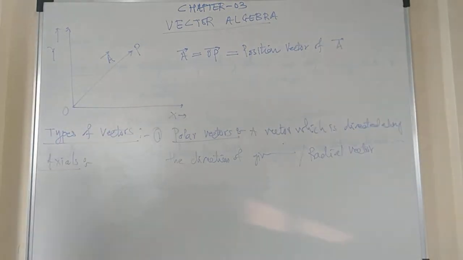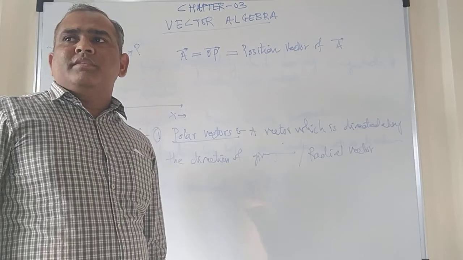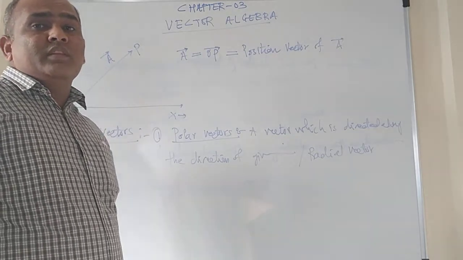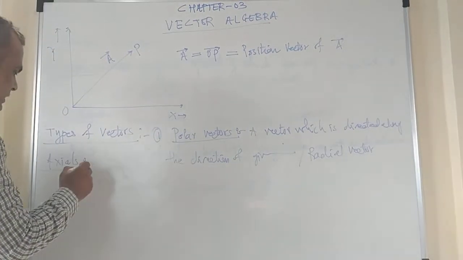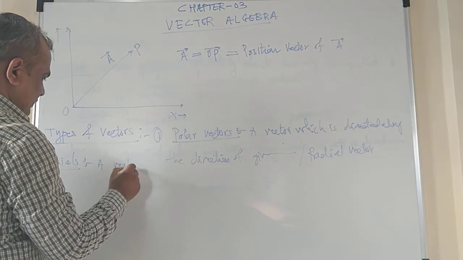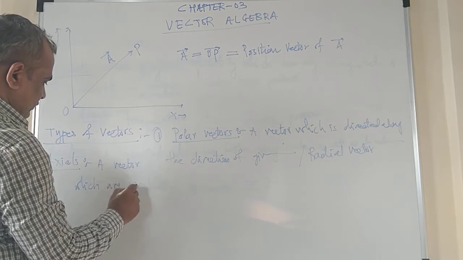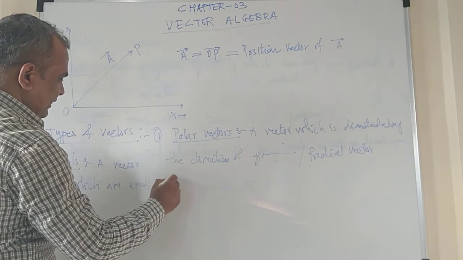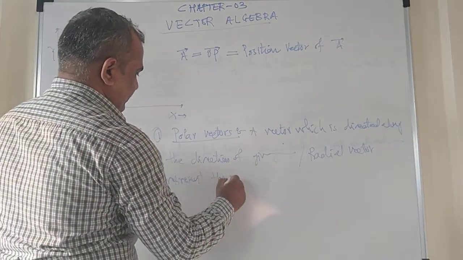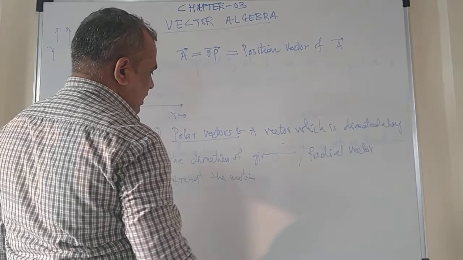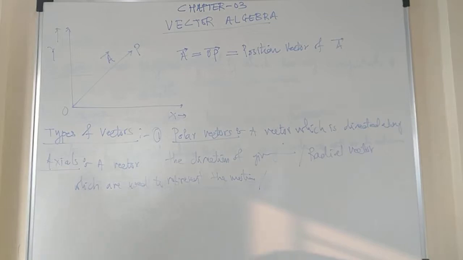Now let us try to understand what is meant by axial vector. Axial vectors are the vectors which are generally used to represent the motion along the axis. Right? A vector which is used to represent the motion of or along the axis of the vector is called an axial vector.